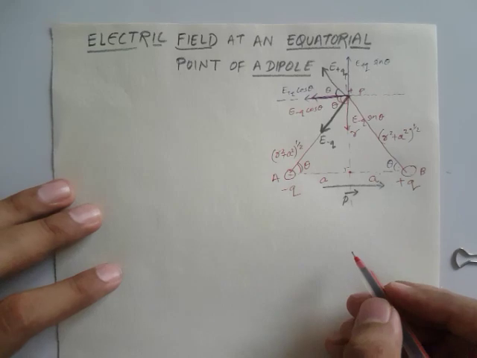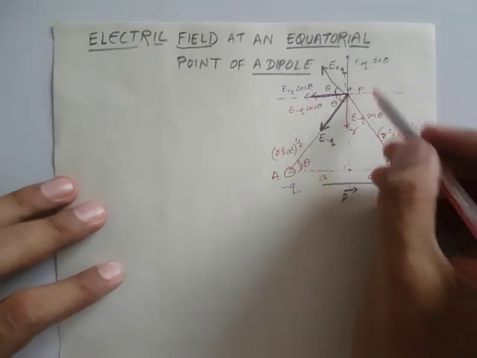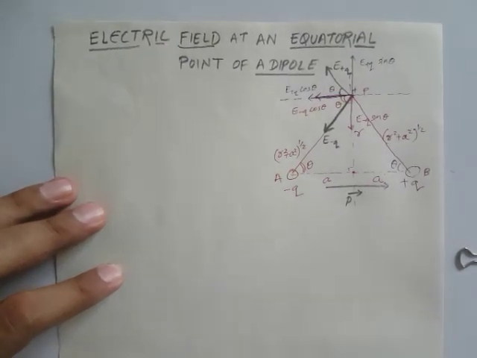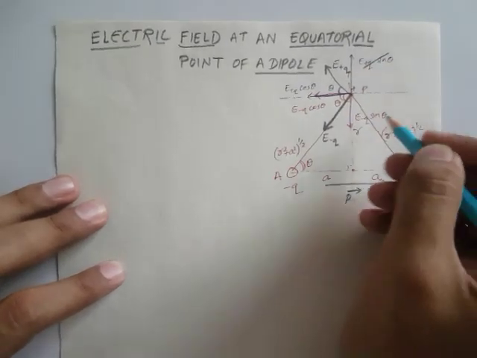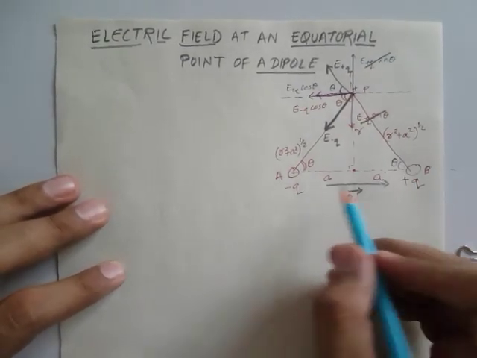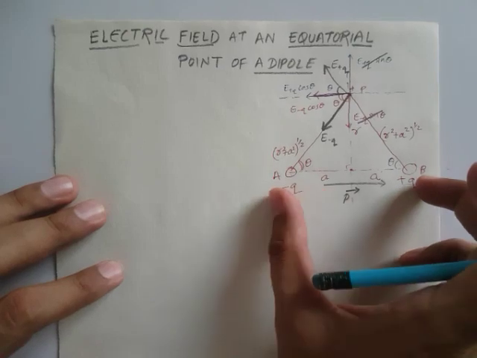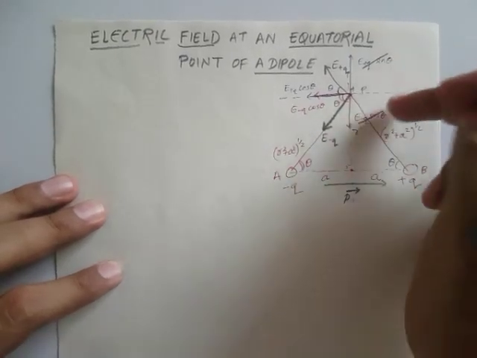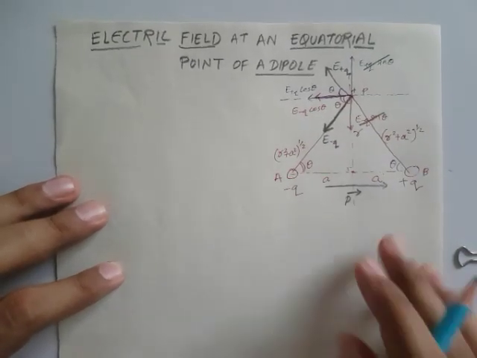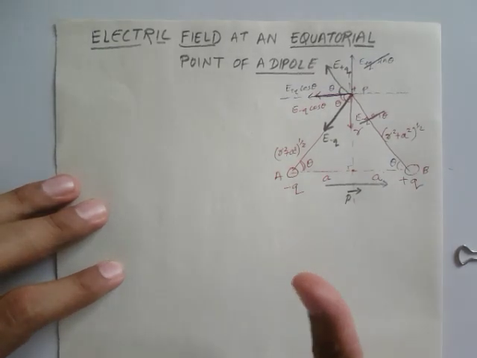They are normal to each other, so the sine components will cancel each other, because as per the dipole, there are two equal and opposite charges, equal in magnitude, so that's why they cancel each other. I hope till here you understood.